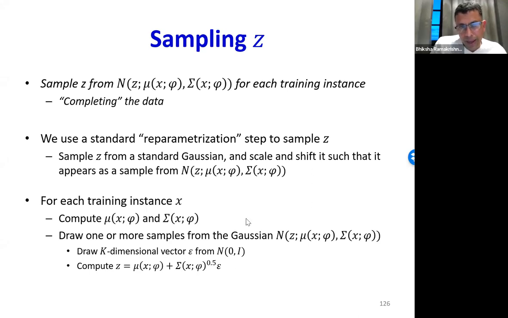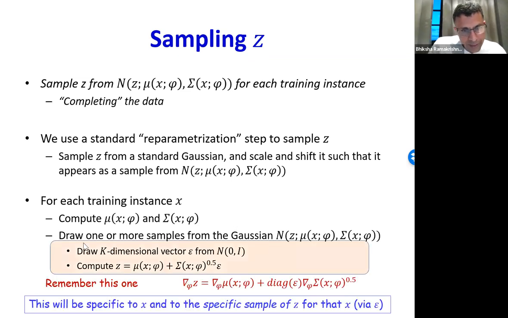Right? And now the reason this is important is that you're going to have to remember this. I can find out how varying the parameter phi that is used to compute mu and sigma will vary z.